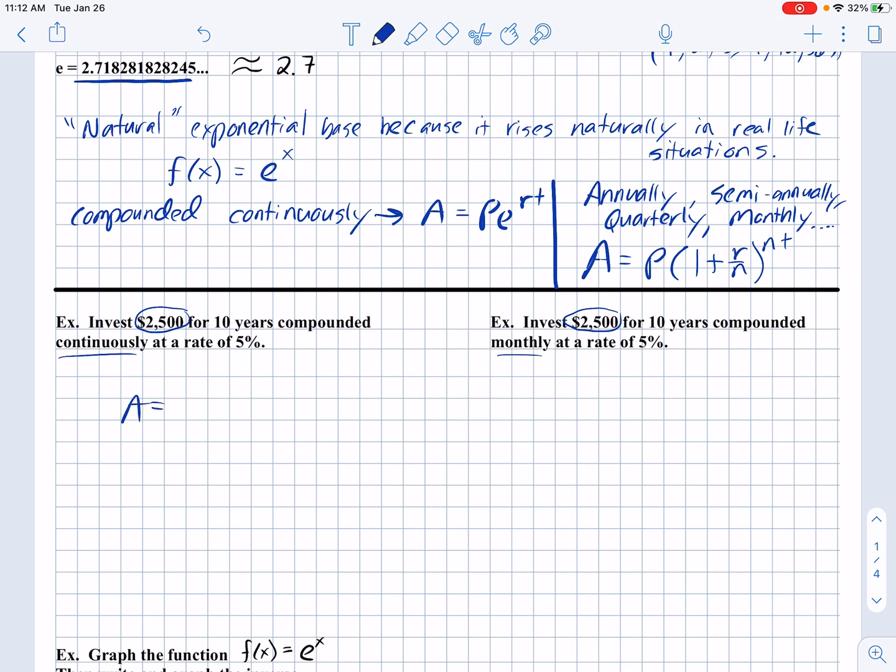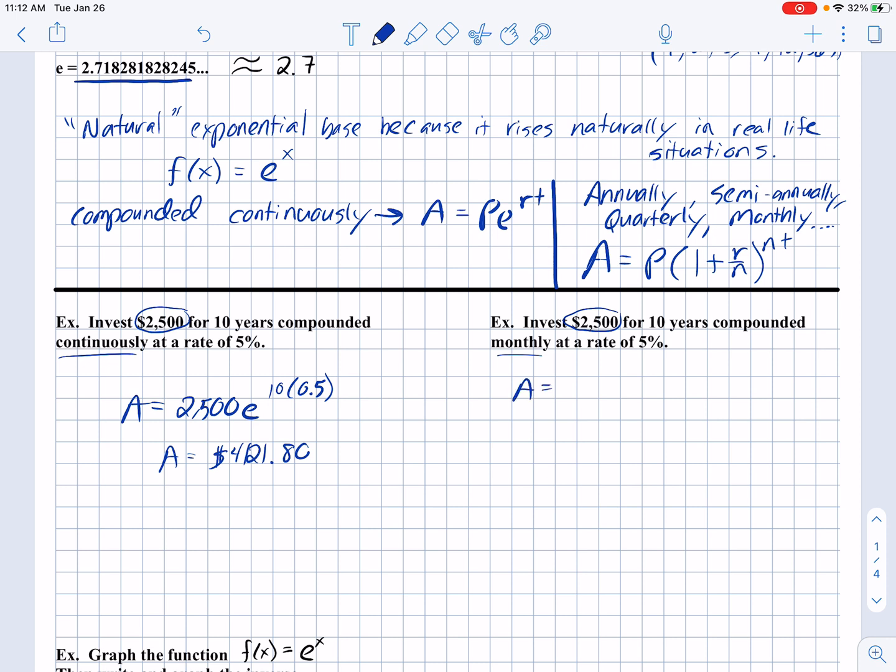For continuously, our $2,500 with a base e, compounded continuously means repeatedly an infinite number of times, times 10 to the power of 0.5. So over 10 years with a 5% interest rate, you would have gotten $4,121.80. For something that's compounded monthly, you should expect this amount to be a little bit less.